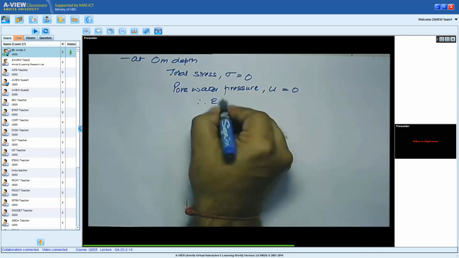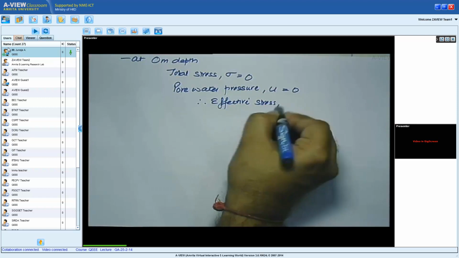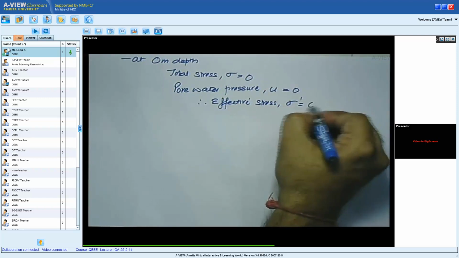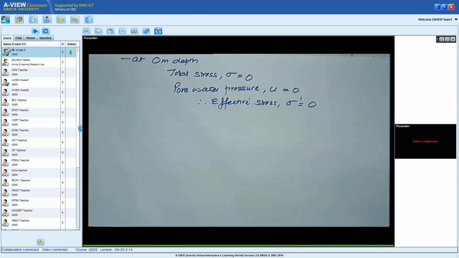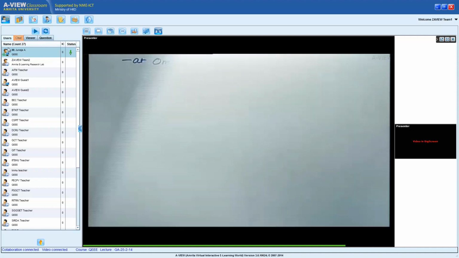Therefore, the effective stress sigma prime equals 0. Total stress minus the pore water pressure. So what I'll do is write this down on this page: the total stress, pore water pressure, effective stress somewhere over here.